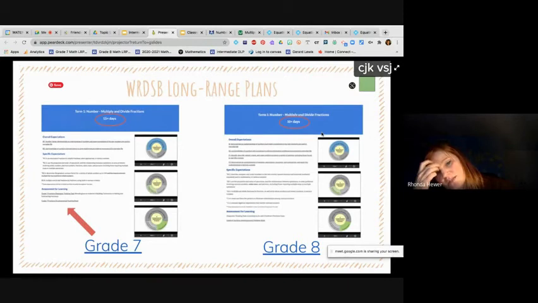According to our WRDSB long range plans, grade 8s have 10 plus days to do this, and grade 7s have 15 plus days to do this topic. The reason for that is technically in a perfect normal year, which has not happened in the last 2 years, grade 7s would come into grade 8 with already an understanding of multiplying and dividing fractions, because in our old curriculum they were exposed to multiplying with whole numbers in a fraction and dividing a whole number by a fraction.